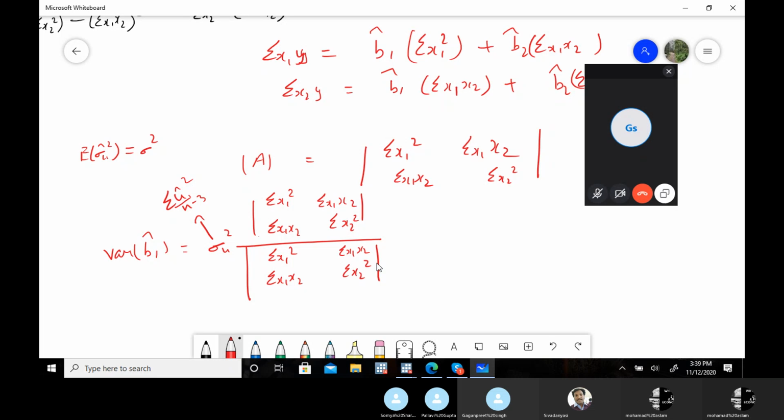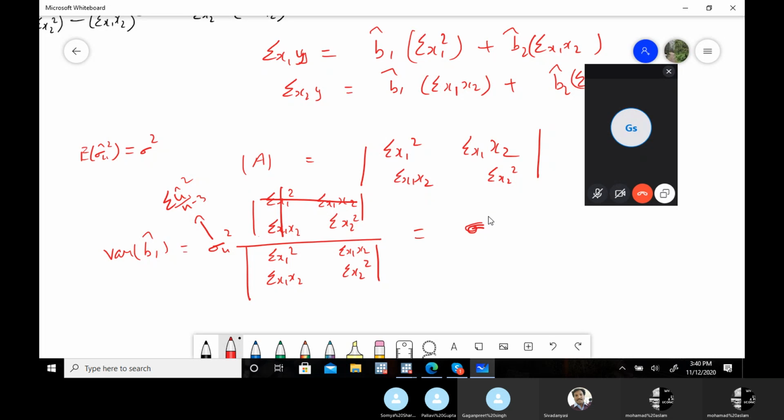Now this is a part of beta 1. So you have to just cancel this part.